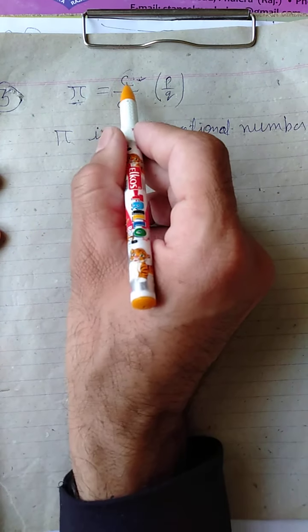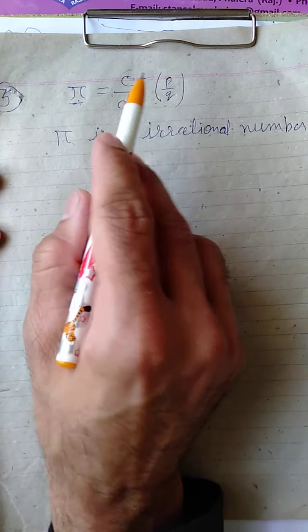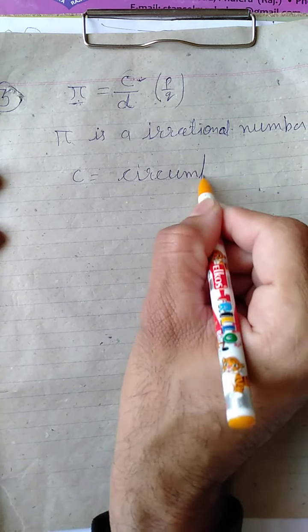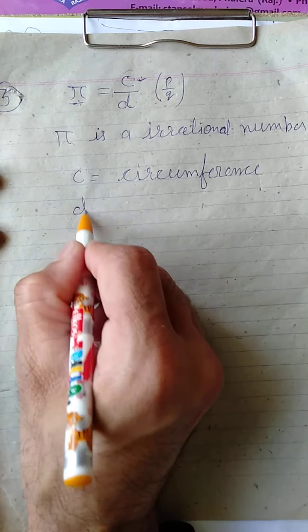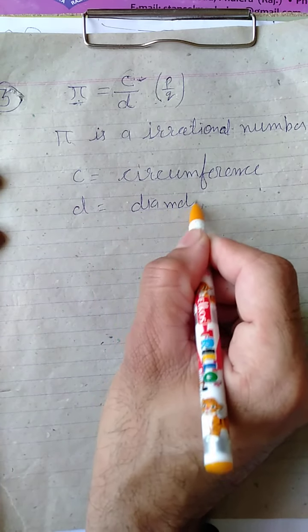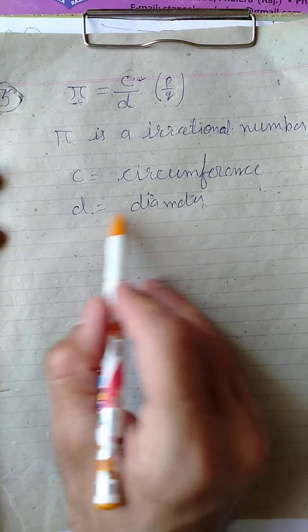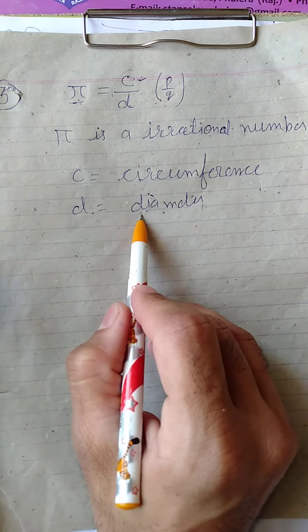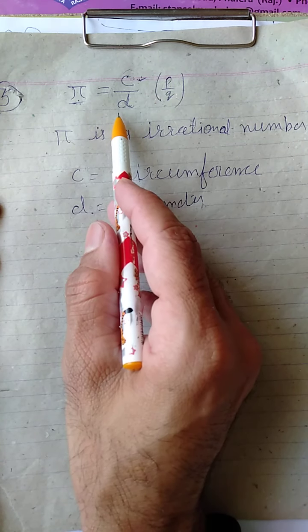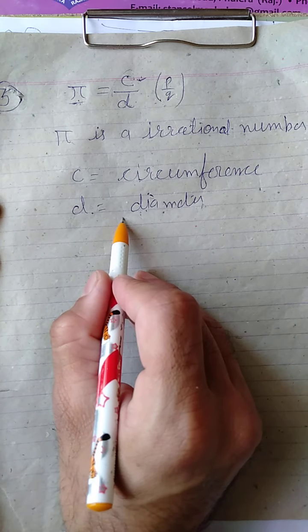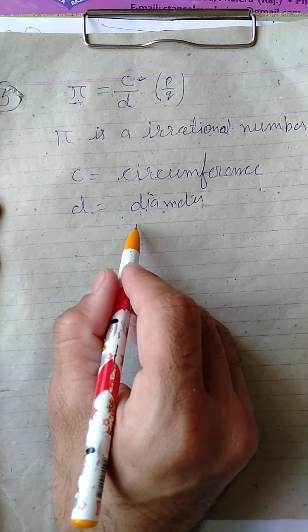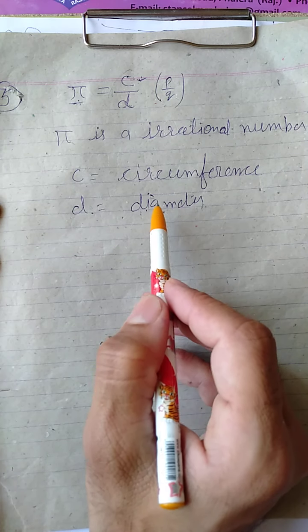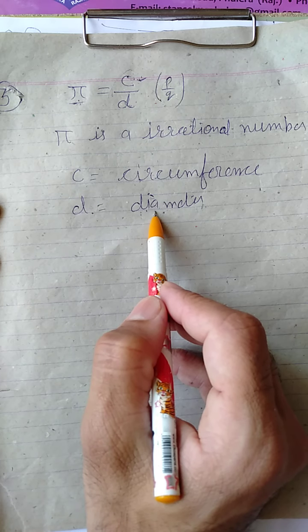अब इसमें क्या है, इस C और D we are not confirm here. C is circumference and D is diameter. When we measure circumference and diameter, then we will find that one of them will be an irrational number.